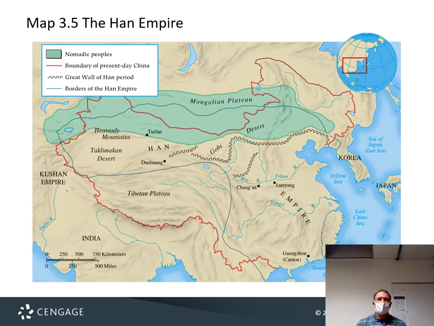So the Han Empire at its height. To the north, you can see the areas outlined in green are where the nomadic peoples are, the Zhou. And then you can see the beginnings of the Great Wall. This is what was standing during the Han period.